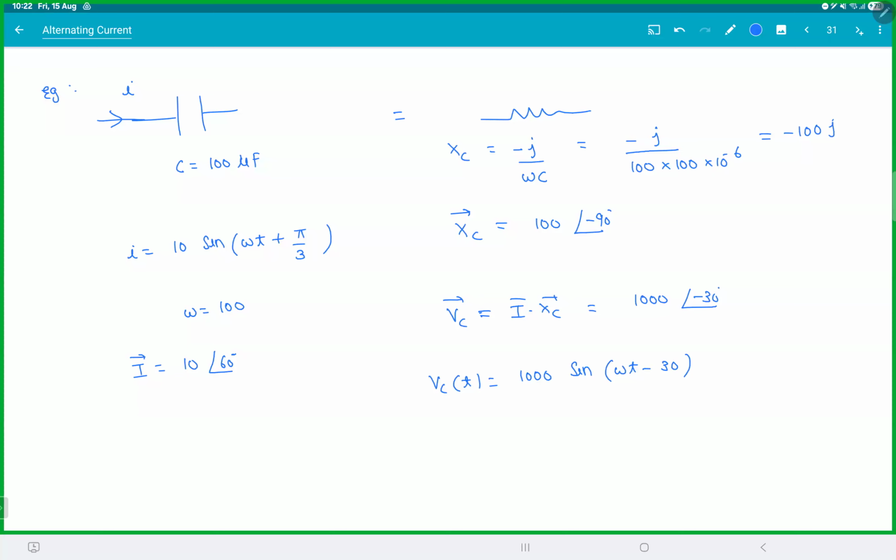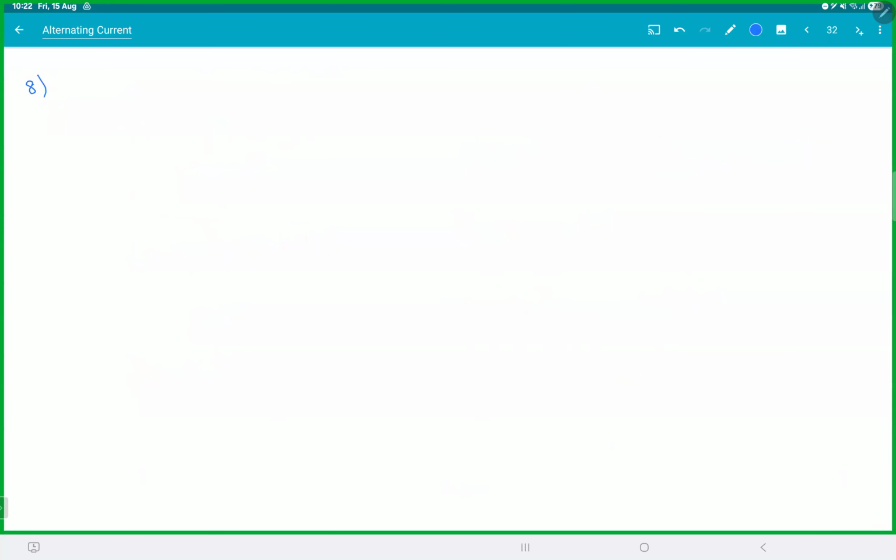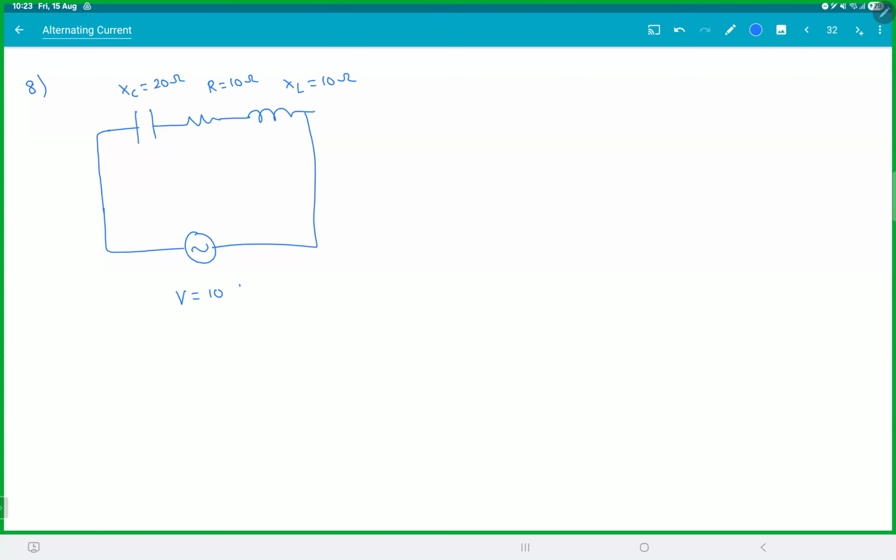Let's see one question. I think if you got this, you got the hang of everything. Let's say we have a capacitor, we have a resistor, we have an inductor. We brought everyone. We have an AC source. Let's say this guy is XC, which is 20 ohms. R is 10 ohms. XL is also 10 ohms. Voltage V is equal to 10 sine omega t.